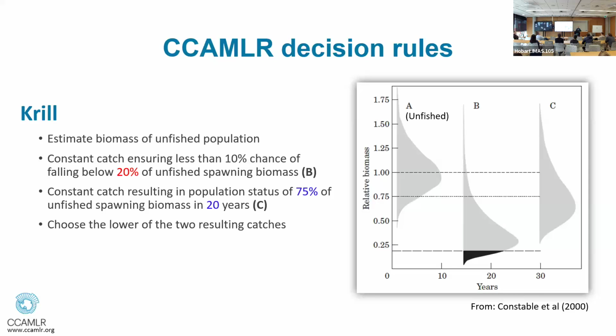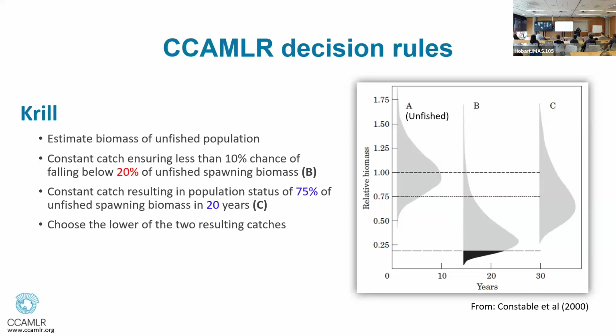And then you do some projection modeling of the population based on its biology, and you calculate a catch removal that, given all of those assumptions in the model, would result in the population biomass falling below 20% of its original biomass 10% of the time. That's that second line, and that creates that middle graphic, so you push that population down to where you've got a 10% chance of falling below 20% of the original biomass. That's called the depletion rule.